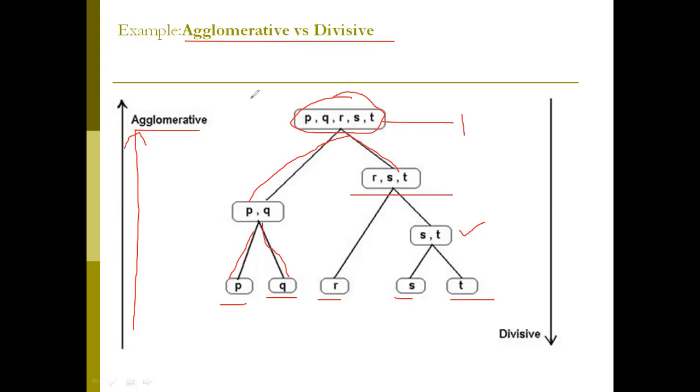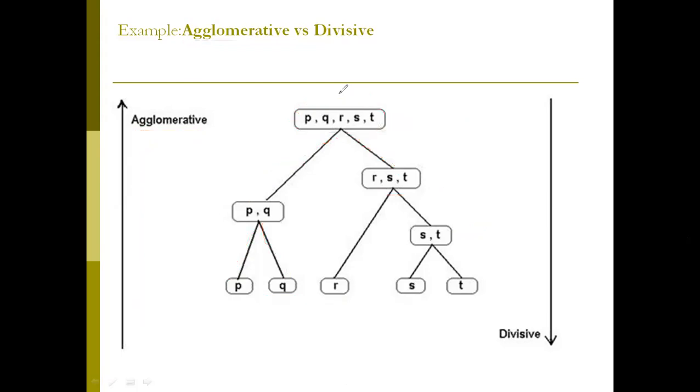Right. Coming to the next one, divisive. The divisive technique is completely opposite to the agglomerative technique. It is a top-down approach. The input of divisive hierarchical clustering is a single cluster. The total data points are supplied to this divisive technique.